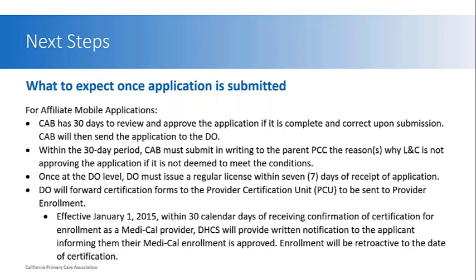As explained earlier, CAB then sends the application to the local district office. When the application reaches the district office level, the DO must issue a license to the clinic within 7 days. The district office forwards the certification forms to PCU and then to Provider Enrollment. The Provider Enrollment Division will notify the affiliate clinic of its enrollment in Medi-Cal, which will be retroactive to the date of certification.